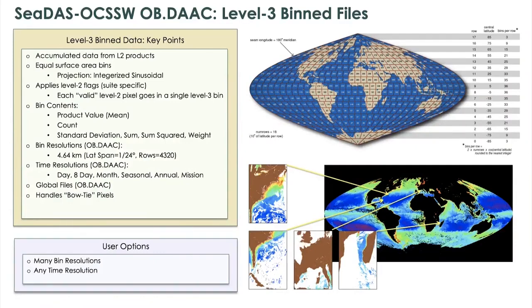Binning is a form of mapping where we've divided the world into equal area bins, as we call them. It's a sinusoidal projection, and you run the level 2 file through the binner, and it will take the pixel wherever the pixel is and put it in the appropriate bin that it goes into.